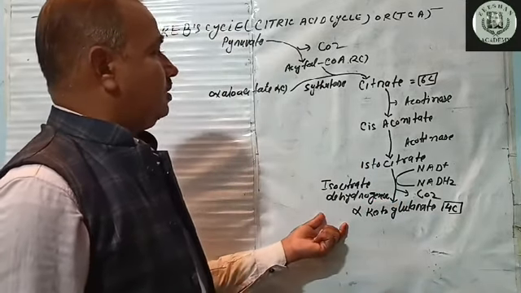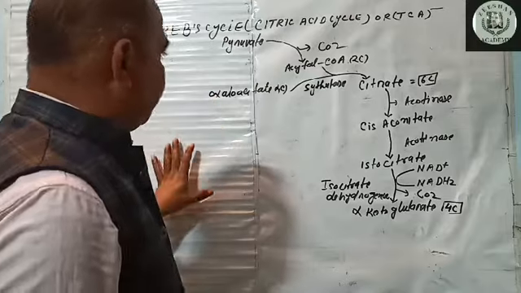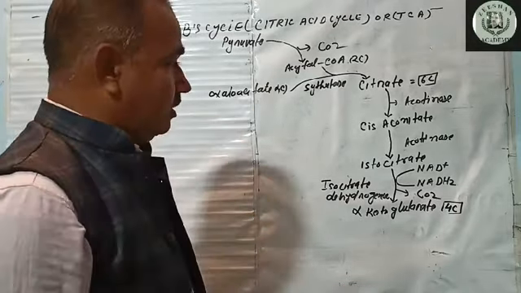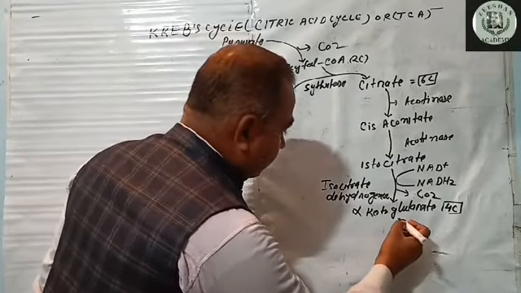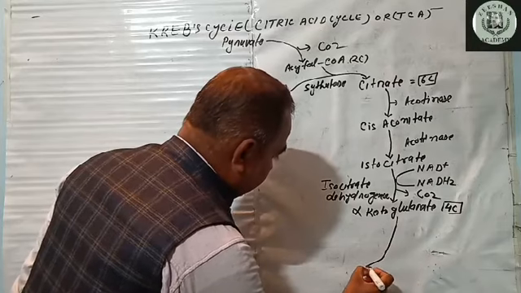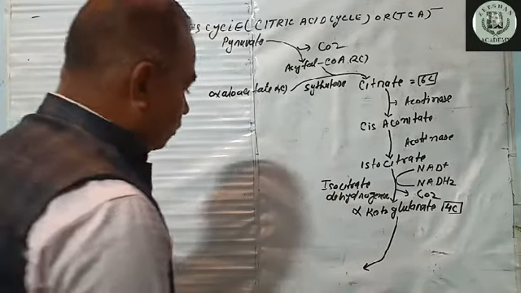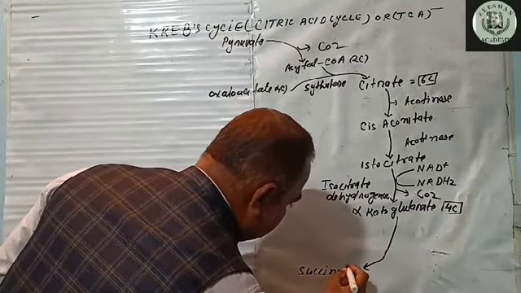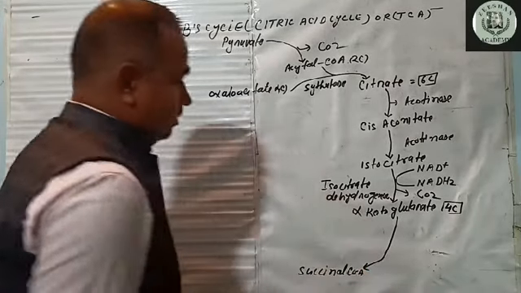Dehydrogenase enzymes work in 4 different steps of the Krebs cycle. That is clear in the next step. Finally, the alpha ketoglutarate is once again converted into succinyl CoA.